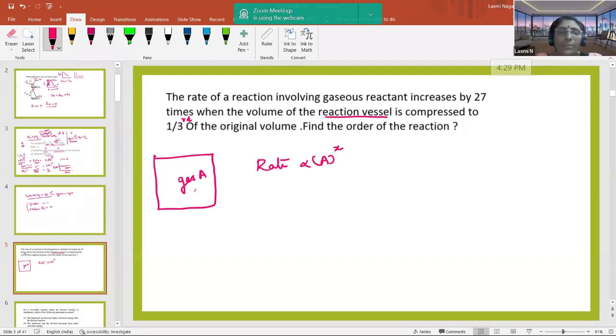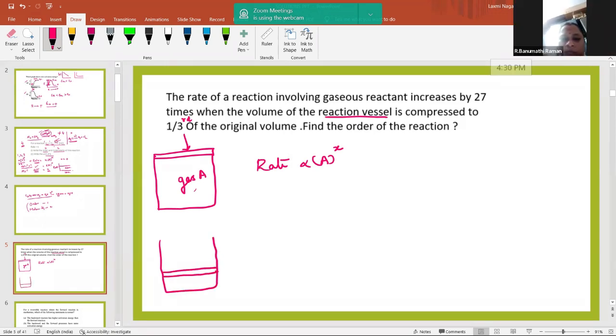Now we put a piston here and pressurize, bringing the volume down to 1/3 of the original. This decrease in volume to 1/3 is increasing the rate by 27 times. So what should have happened to the concentration?